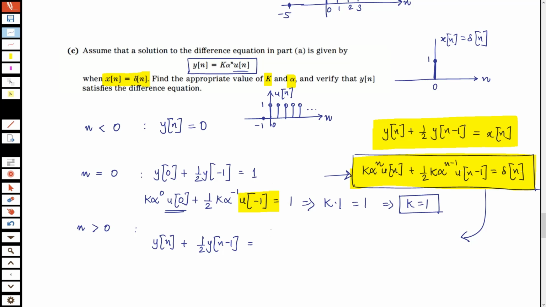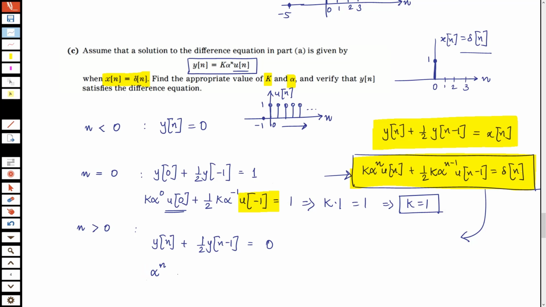But for n greater than 0, like for n equal to 1, 2, 3, and so on, delta n is equal to 0. This is the equation we're looking at now. We plug in yn, which is k alpha to the power n u n. We know that un is equal to 1 for all n greater than 0, so I'm just going to leave a 1 here. We also know that k is equal to 1, as we just found out.